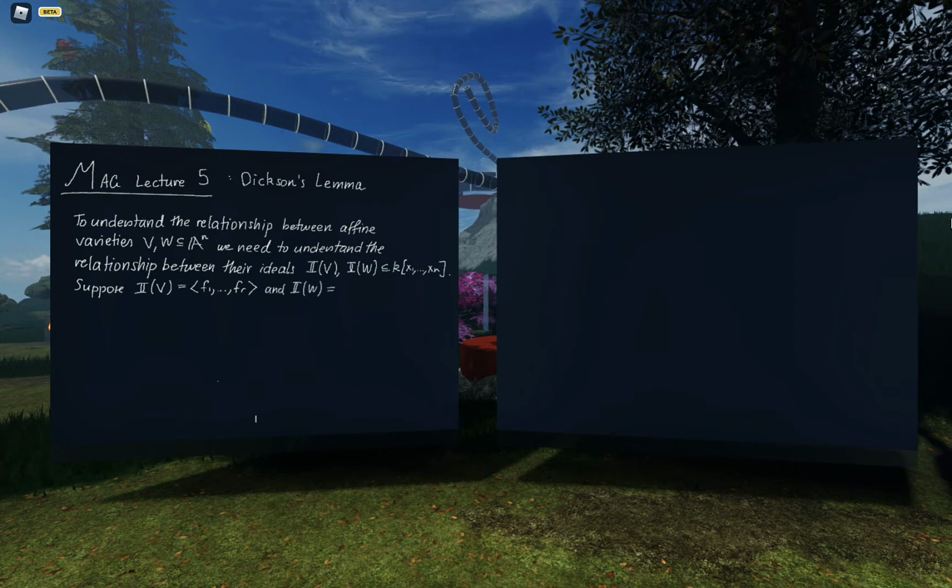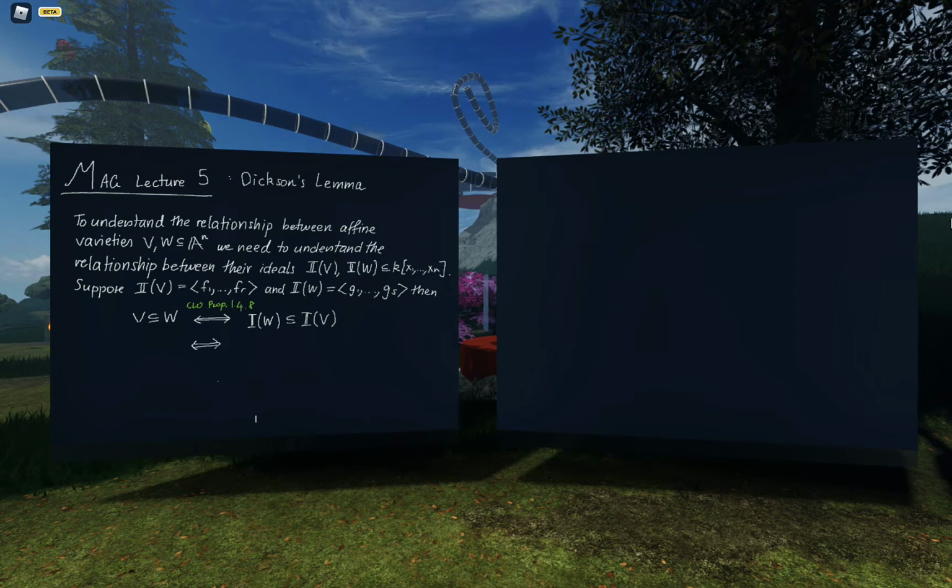So suppose we had two sets of generators, F1 through FR and G1 through GS. The most basic kind of relationship that can exist between two affine varieties is that one is contained in the other. And we've discussed proposition 1.4.8, which says that V is contained in W if and only if every function that vanishes on W vanishes on V, which is a relationship between the ideals.